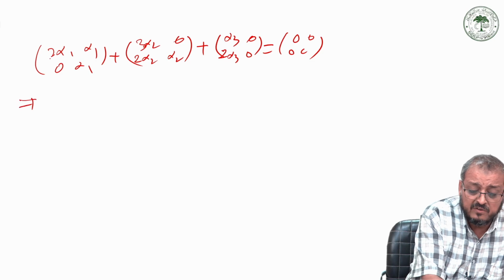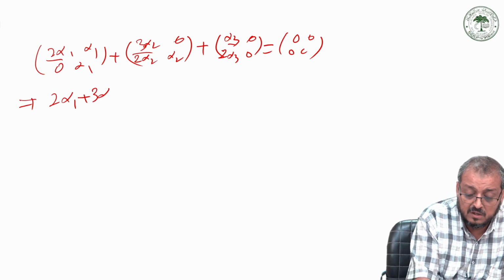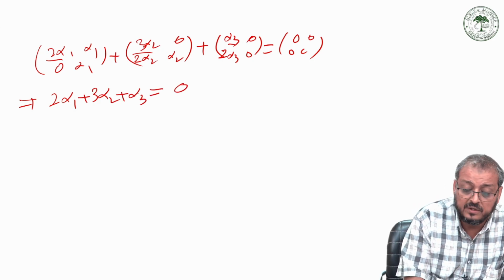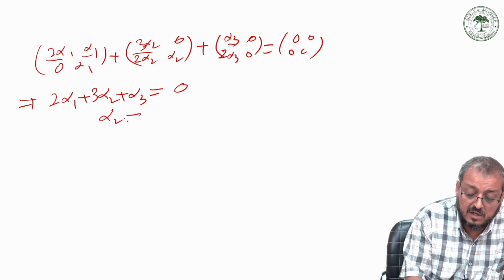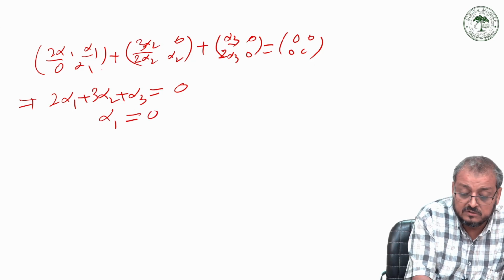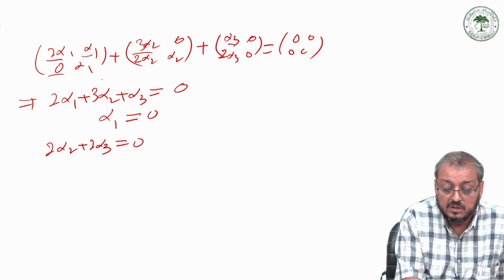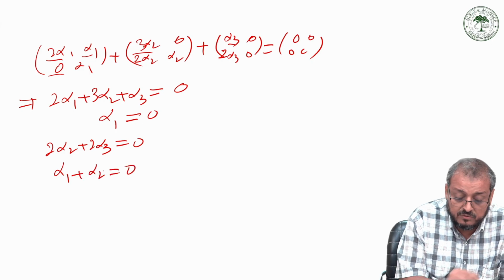Now this implies that we have 2 alpha 1 plus 3 alpha 2 plus alpha 3 is equal to 0, and the second entry gives alpha 1 is equal to 0. From the next we have twice alpha 2 plus twice alpha 3 is equal to 0, and we have alpha 1 plus alpha 2 is equal to 0.